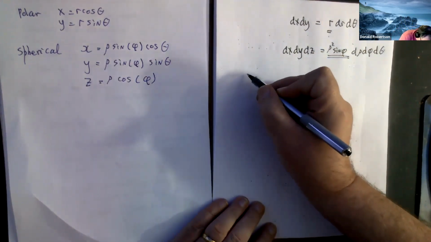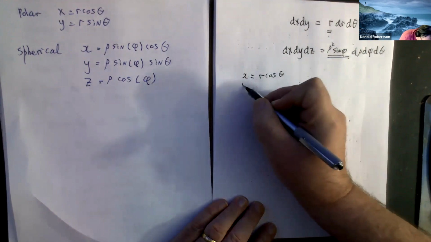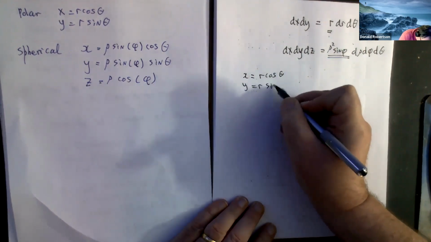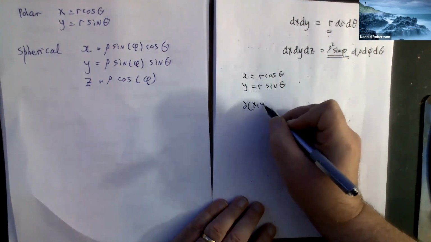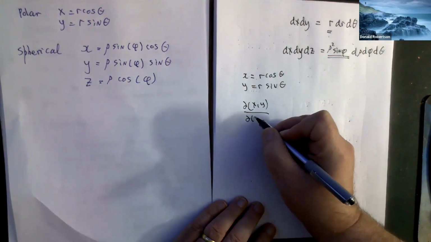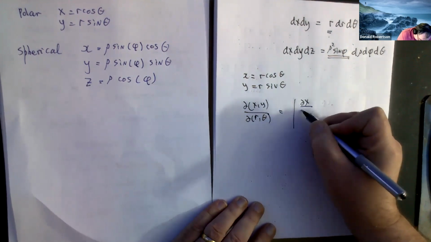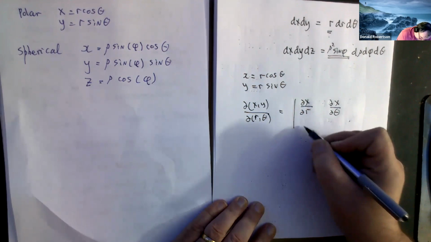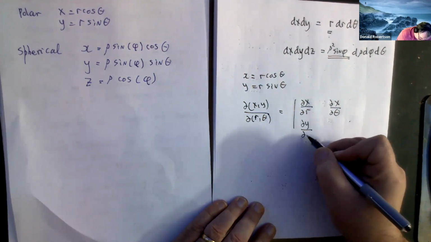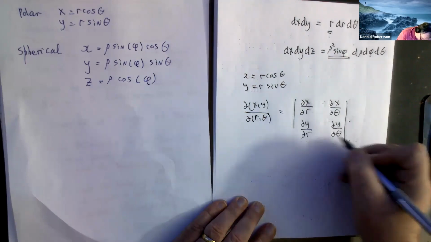So if I'm doing x equals r cos theta, and y is r sin theta, then the Jacobian would be called that guy. And it will be the partial derivative of x with respect to r, and then with respect to theta, and the partial derivative of y with respect to r, and the guy with theta.